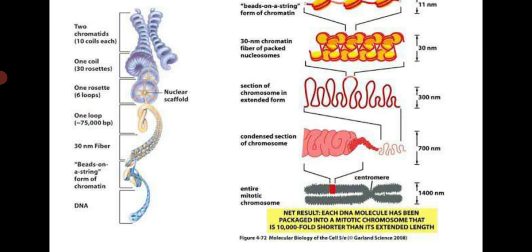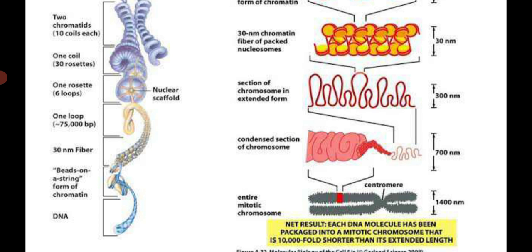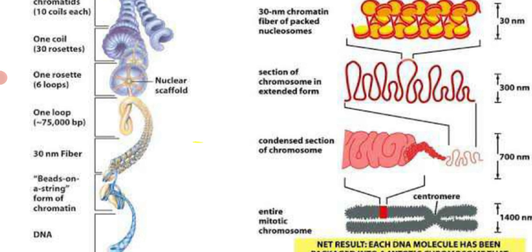Further, the DNA forms nucleosomes, a structure like beads on a string. It gets wrapped around histones and forms a 30 nanometer fiber, and such fibers form a loop of 75,000 base pairs, and a number of loops form a rosette-like structure, and each rosette has 6 loops.